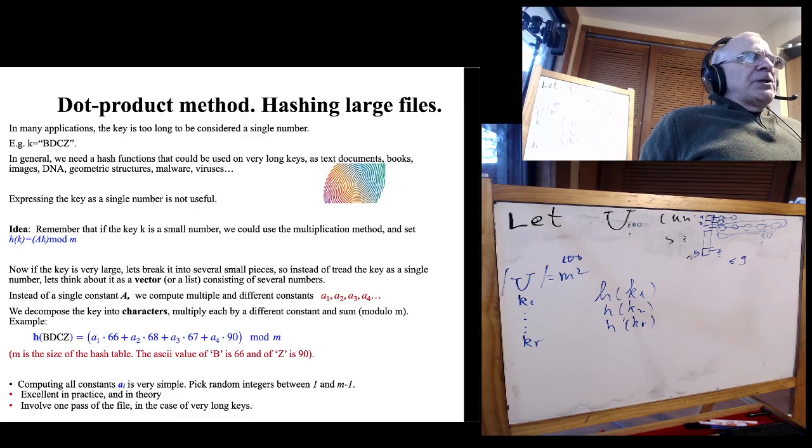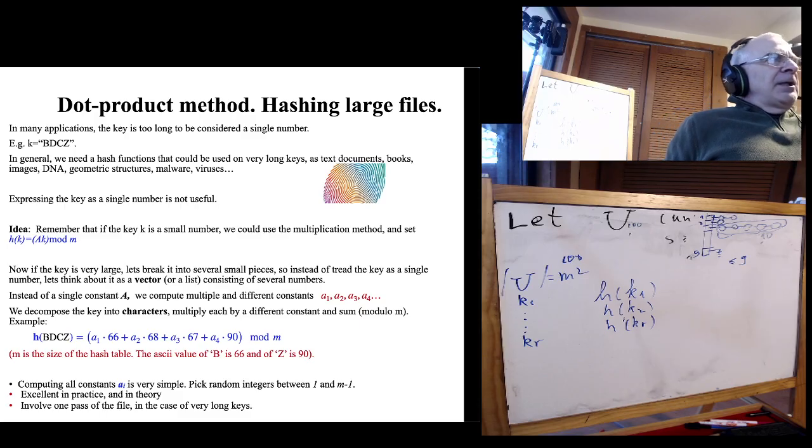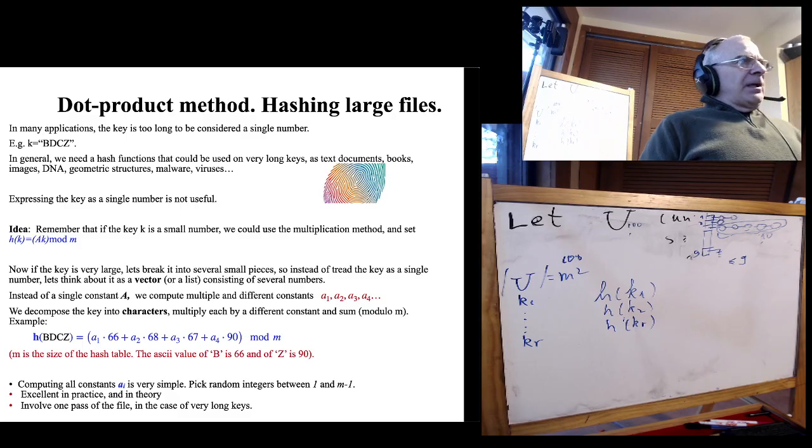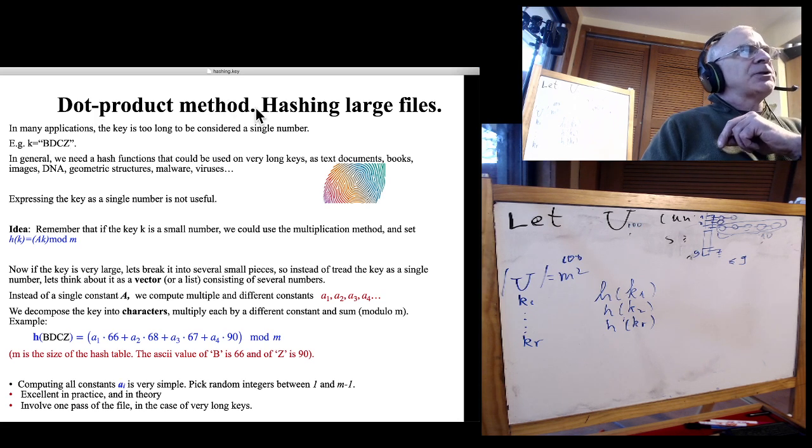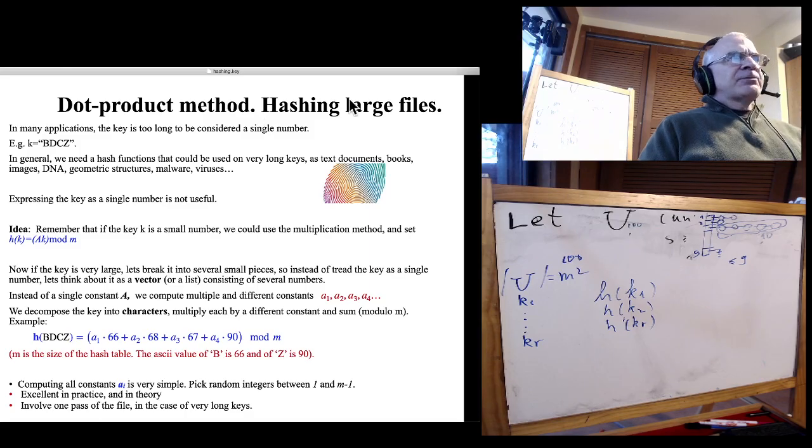Somehow, I'm teaching this course many times, and somehow this is a subtopic that people find harder. So I try to use different slides and more examples to express what the dot product method is. So first, what is the problem that we are trying to answer?